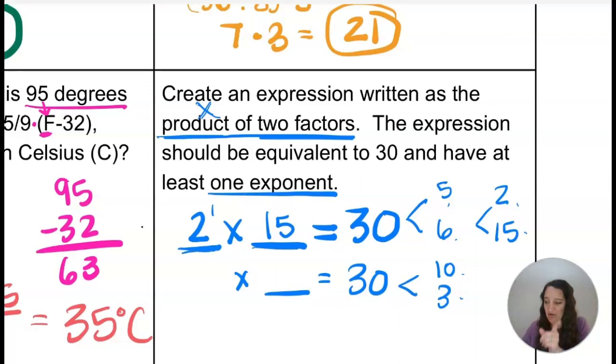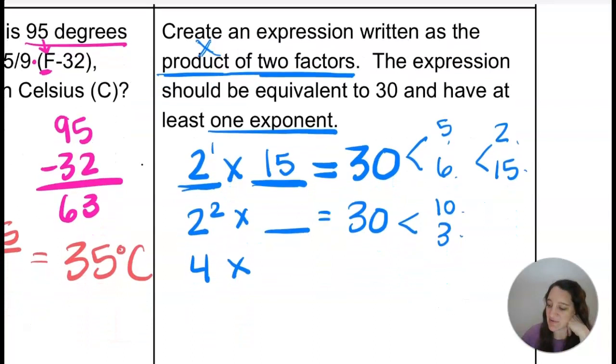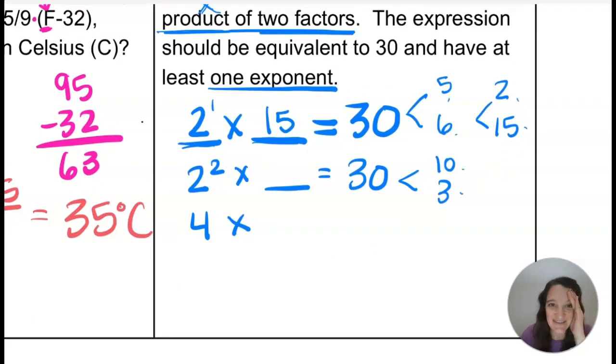Ooh, I've got another idea. What if we did 2 squared, which we know is 4, right? And then what if we times that by, no. Okay. Times it by, oh shoot, maybe this won't work. Can you guys think of something better than I can?